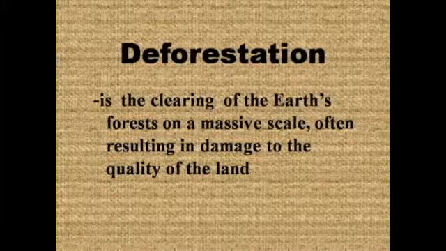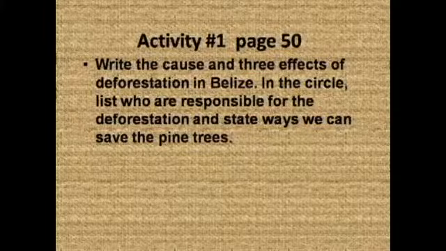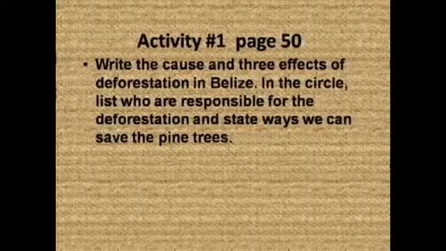We could also say deforestation is the killing of the earth's forests on a massive scale, often resulting in damage to the quality of the land. And our land is very important at the present moment for us to sustain our life and the environment we live in.